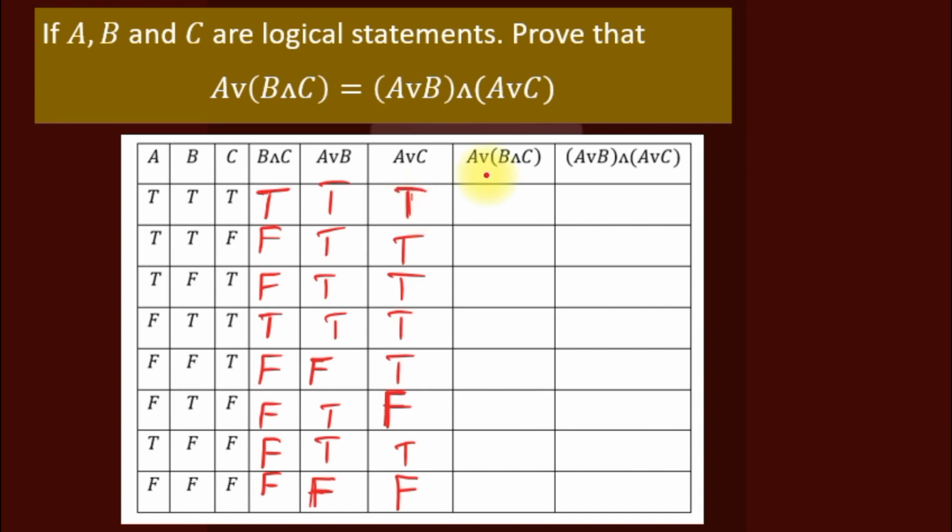So why this one we have A or B and C. So first we've gotten B and C. So A or this, A or that. And remember I told you or is false when both are false. So let's look out where both are false. Okay, we have false here.